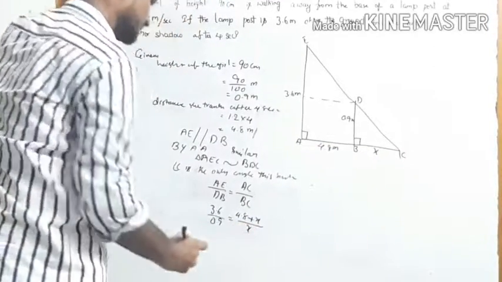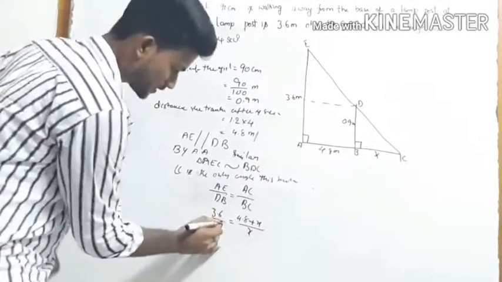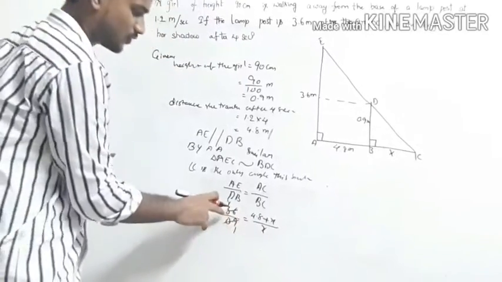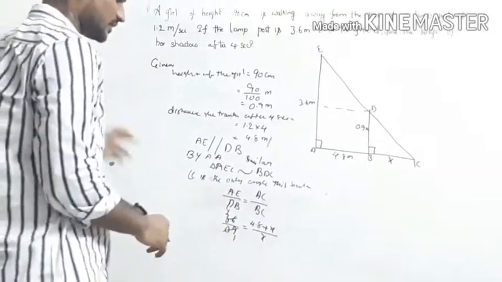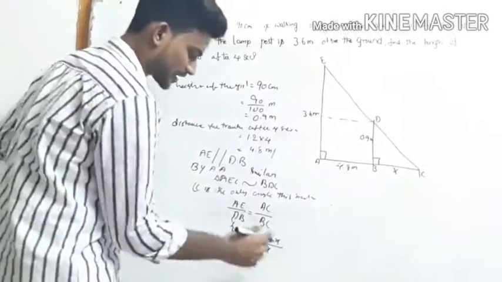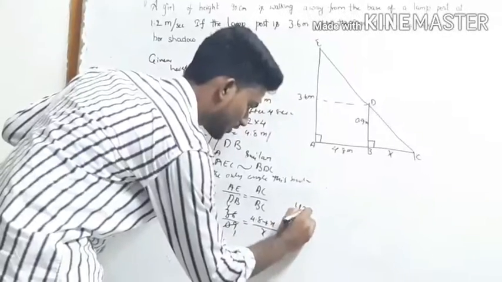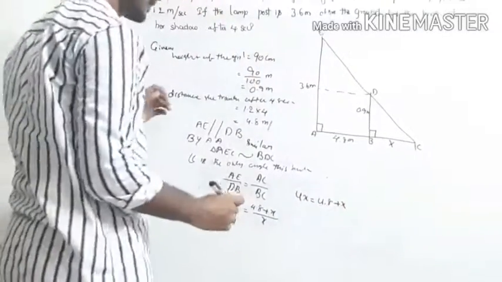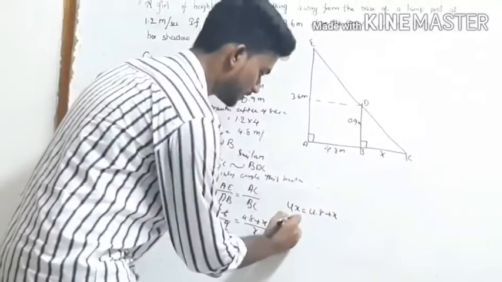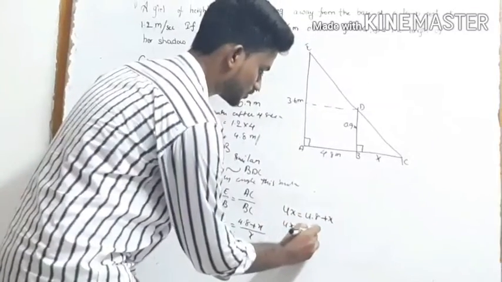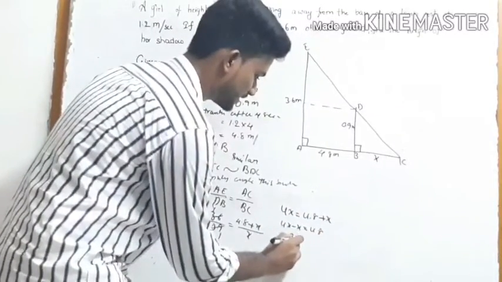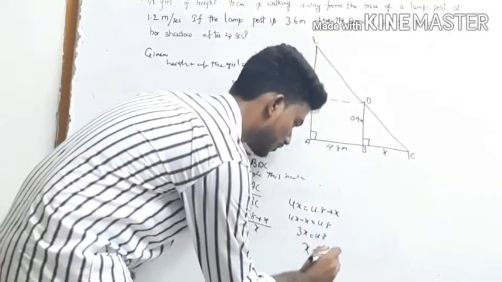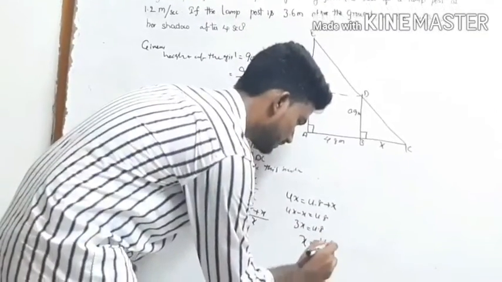We want to find BC. From this, 0.9 into 4 equals 3.6, so this is 4. By cross multiplication, 4x equals 4.8 plus x. The x goes to this side: 4x minus x equals 4.8. So 3x equals 4.8, and x equals 4.8 by 3.